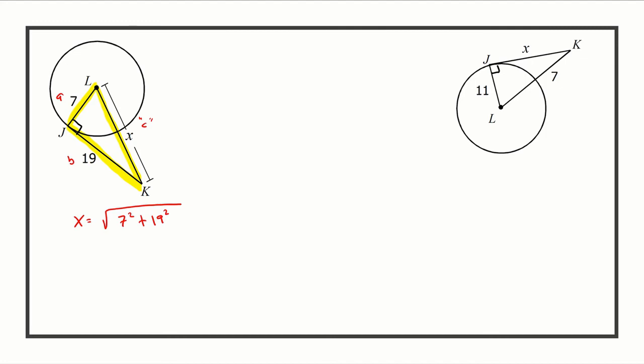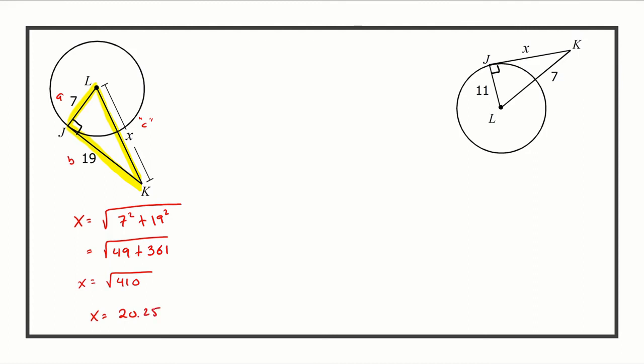And so from here, it's just a matter of simplifying each step. So 7 squared is 49. 19 squared is 361. Add those together, we get the square root of 410, which is approximately 20.25.